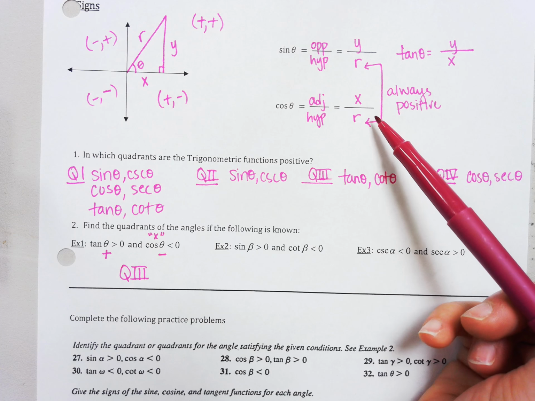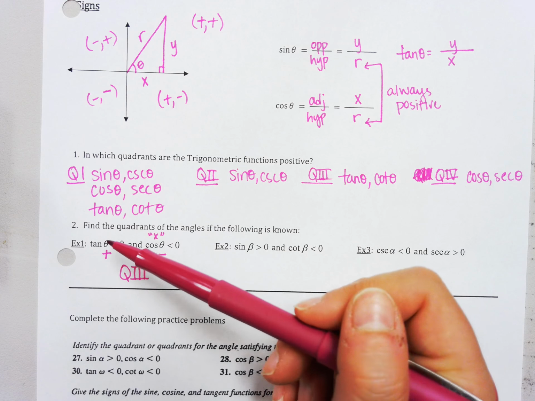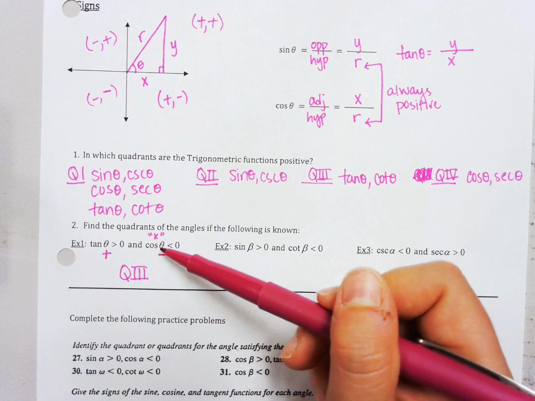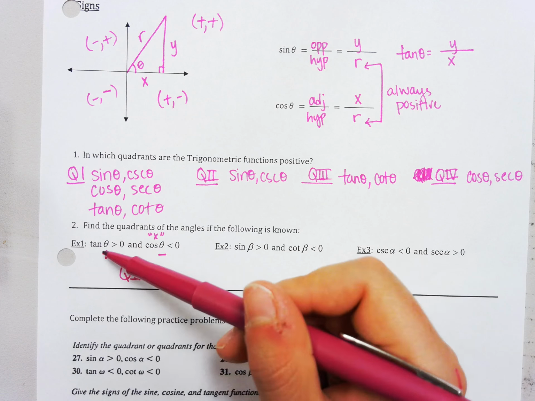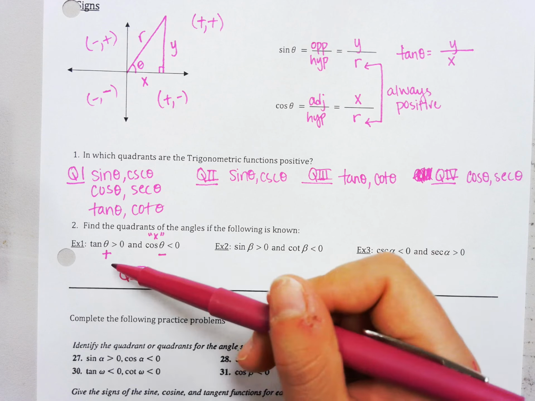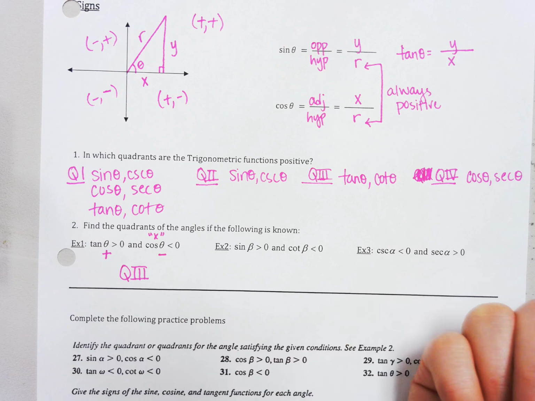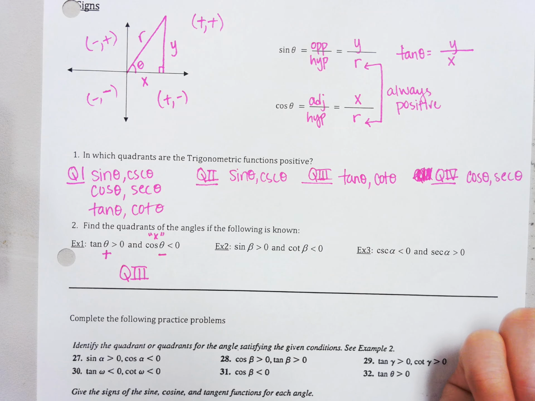Our r values are always positive, and then our tangent is going to be like the ratio of x and y. So if I know that cosine is negative and tangent is positive, that means that we must have a negative over a negative to get something that's positive for tangent. So we have to have sine be negative too, which would mean that x and y both would be negative, and we'd be lying in quadrant 3.